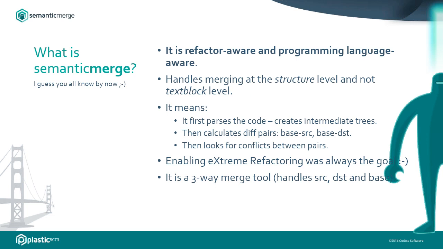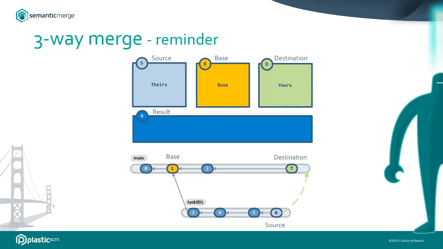And it's important to highlight that it's a three-way merge tool. Basically, it uses two contributors plus the base. I'll just spend a minute explaining that. Just a little bit of a reminder: suppose you have a merge, like the one here, a couple of branches. You want to merge changeset or commit number 6 into number 7.